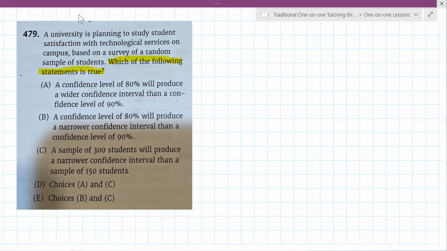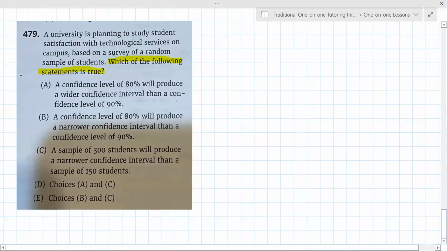The reason I ask is whenever you see one of these, which of the following, you just go right to the answers because the rest of it's not all that helpful at the moment. That's one of those strategies we've talked about. So which of the following is true? A confidence level of 80% will produce a wider interval than 90%. What say you? Is that true or false? A confidence level of 80% would produce a wider interval compared.